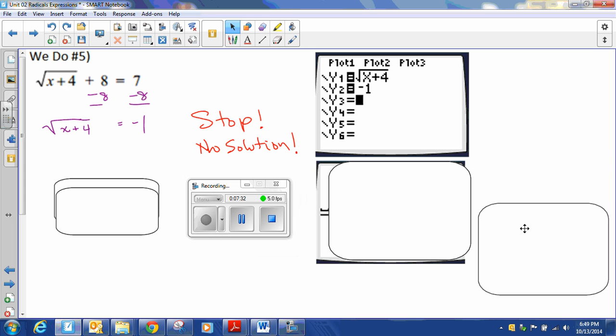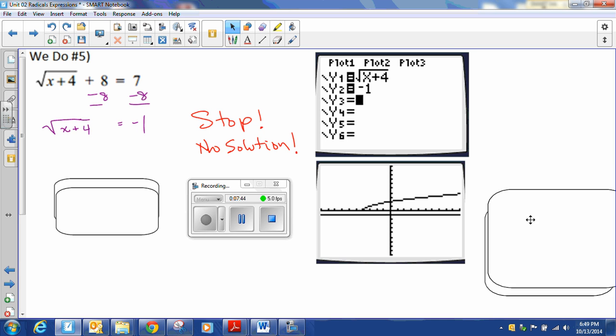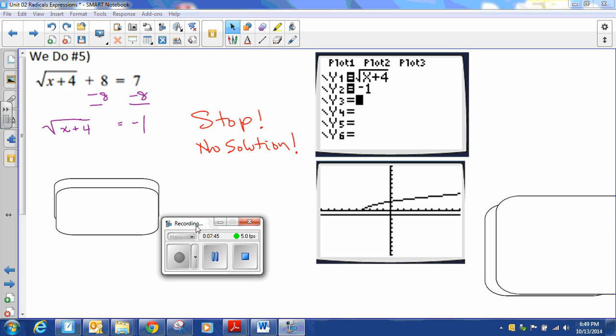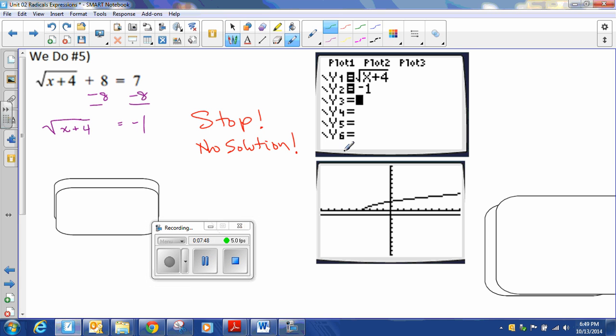So if you plug this into your graphing calculator, radical x plus 4 as one equation and negative 1 as our other equation, when we graph, we can see that the line y equals negative 1 is down here, the horizontal line, and our radical equation, y equals radical x plus 4, is this curved line up here.